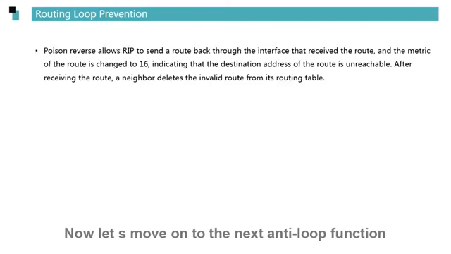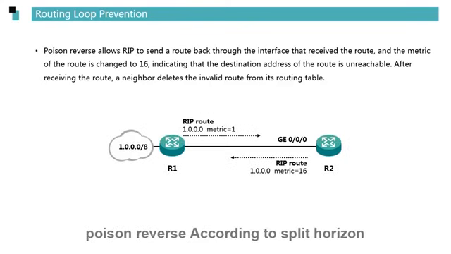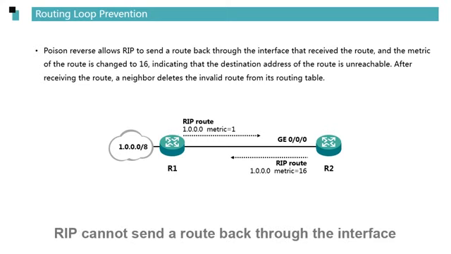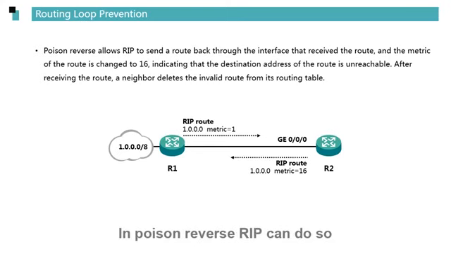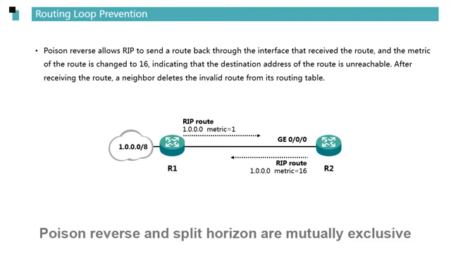Now, let's move on to the next anti-loop function, poison reverse. According to split horizon, RIP cannot send a route back through the interface that received the route. In poison reverse, RIP can do so, but the metric of the route is changed to 16. Poison reverse and split horizon are mutually exclusive.